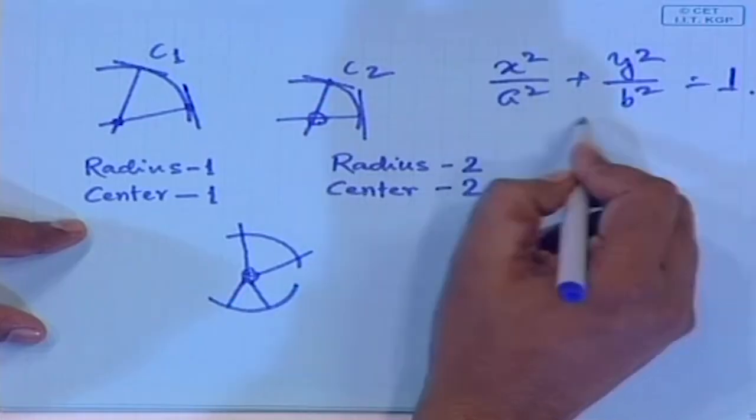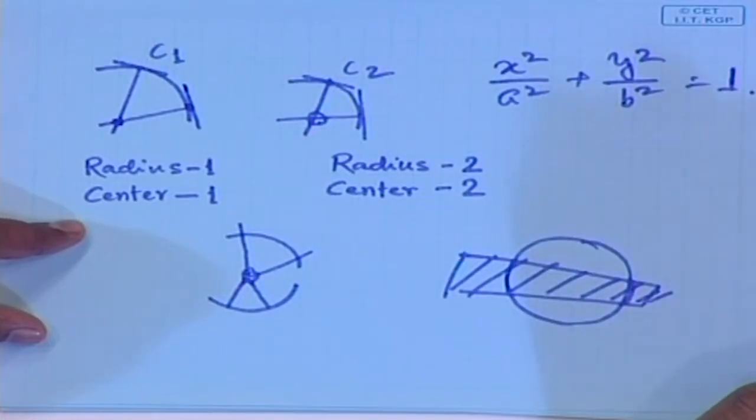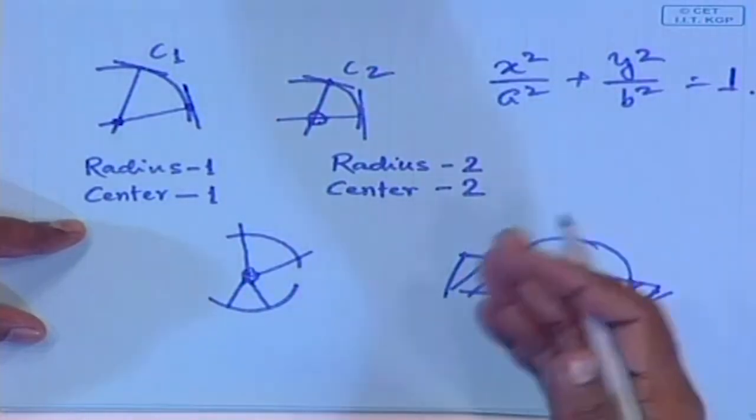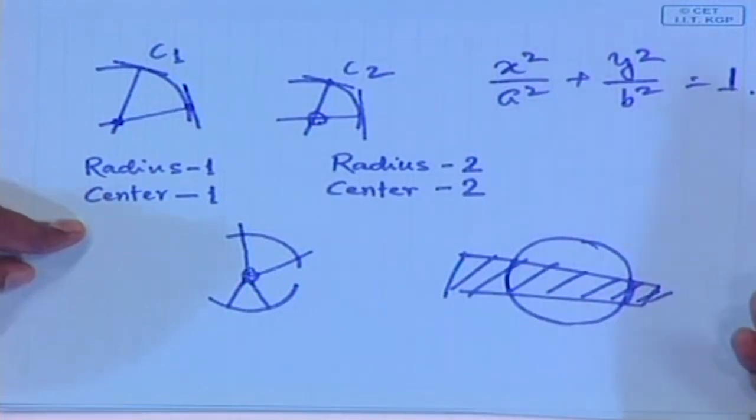So I have to know what these parameters a and b are. What feature vector you have to generate depends upon your problem domain, because every feature is not equally acceptable for every pattern. Depending upon the pattern, I have to decide what kind of feature I have to look for.